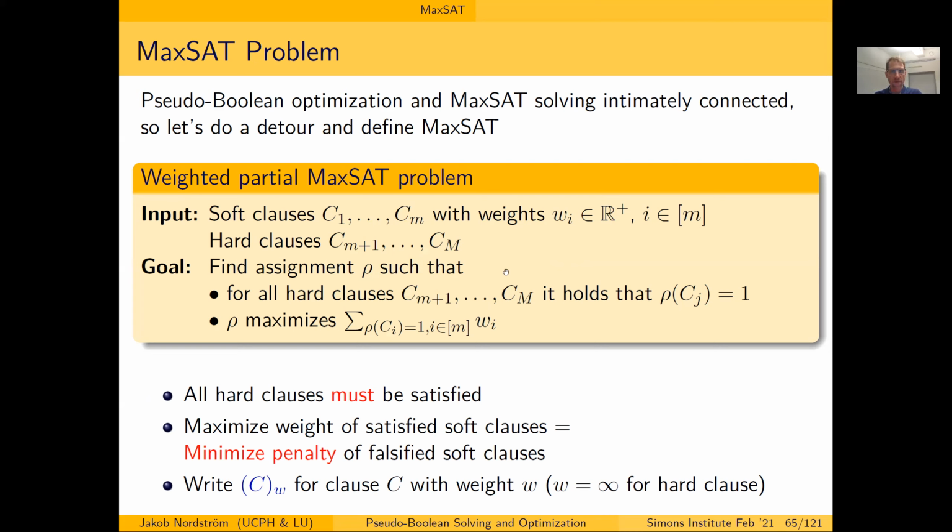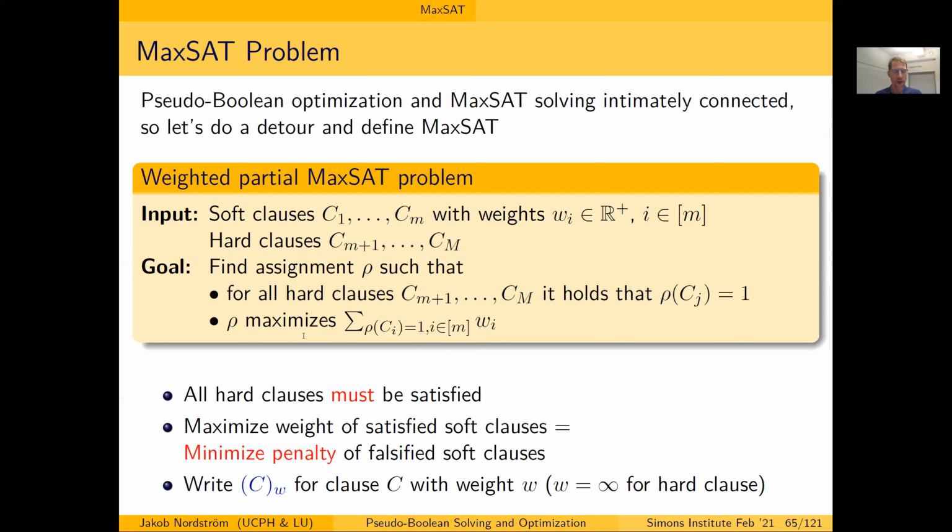And then we have a bunch of hard clauses, Cm+1 up to capital M. And our goal is to find an assignment rho that has to satisfy all the hard clauses. And then we want to maximize the amount of soft clauses that we satisfy. So we sum up the weights of all the satisfied soft clauses. And this is our objective.